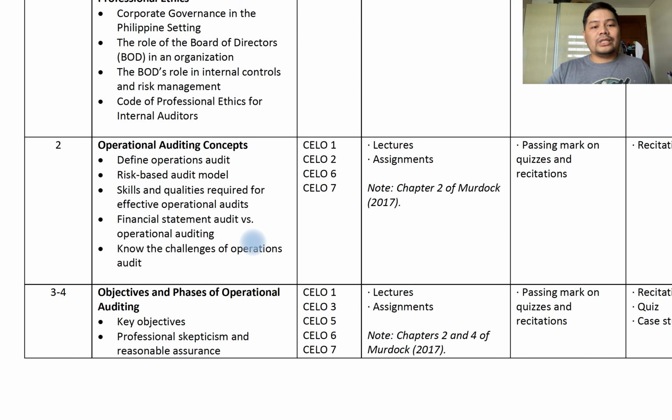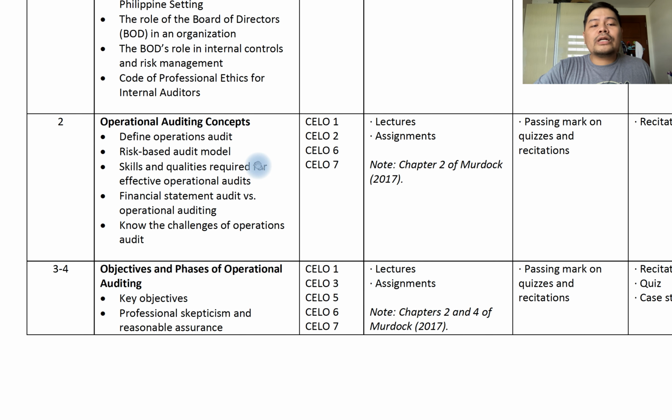Yun yung titignan nila actually. And of course, there are some quantitative assessment or review for this one. Pero ang heavy talaga sa paggamit ng financial statement audit or FS audit is the external auditors. Of course, we need to know also what are the challenges of operations audit. So, may mga limitations siya. So, later on, we'll be discussing also this one.